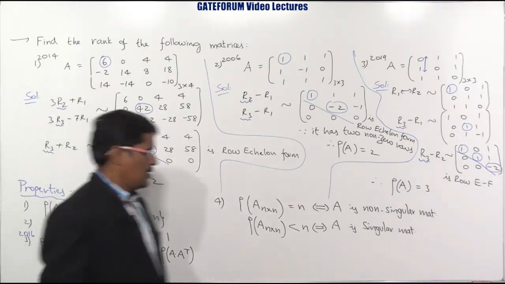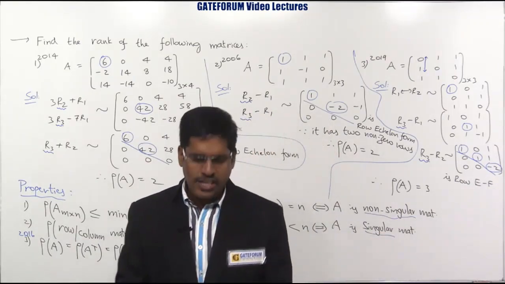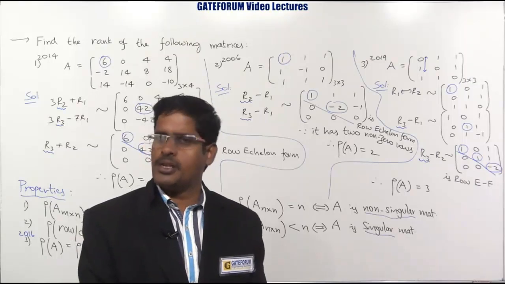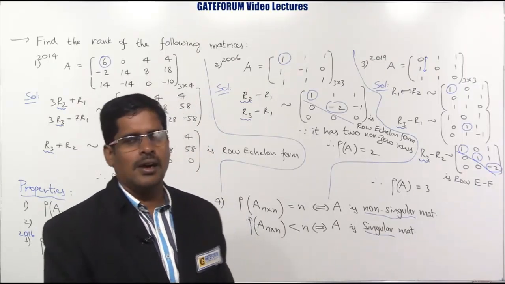Yesterday, in the determinant definitions, I told you what a non-singular matrix is: determinant not equal to 0. When a matrix has determinant not equal to 0, its rank is its order itself.